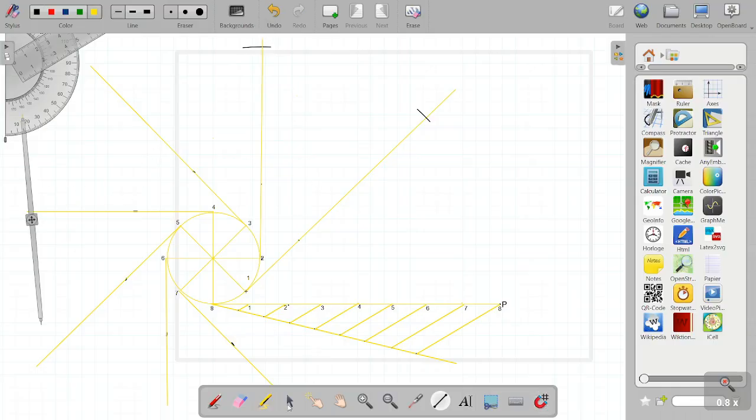Then similarly, we have to proceed further. Now we measure the distance from point 3 to point P, then keeping it on point 3 on the circle, which will become the center, and then we have to cut an arc on the tangent from point 3.